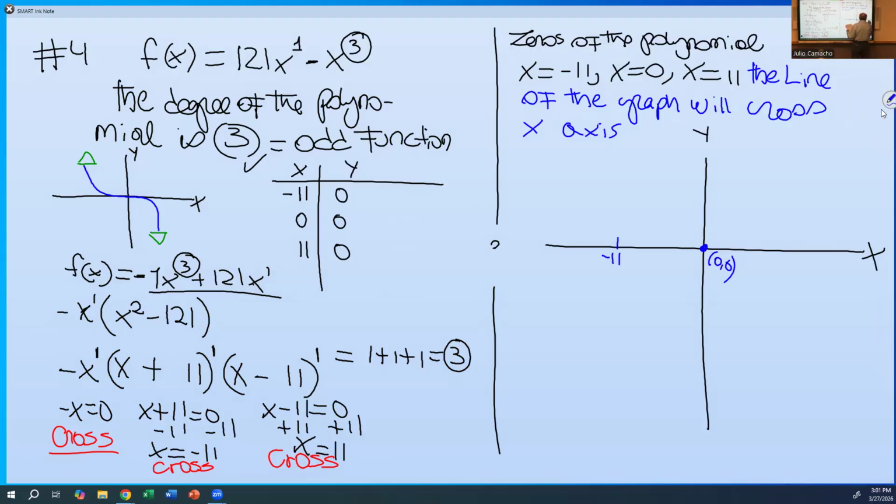And that is your 11. And we know already, because of the end behavior of the line, that the graph will rise on the left and fall on the right.